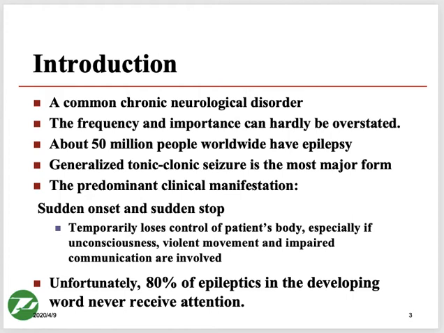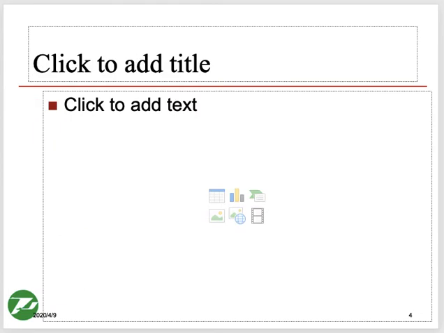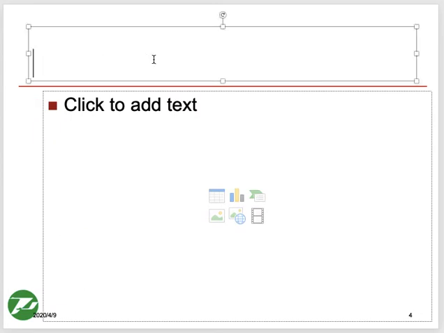Epilepsy, not seizures, right? So, very important thing to understand. 50 million people have epilepsy, and now first of all, I will talk about the definitions, and then I will move further.